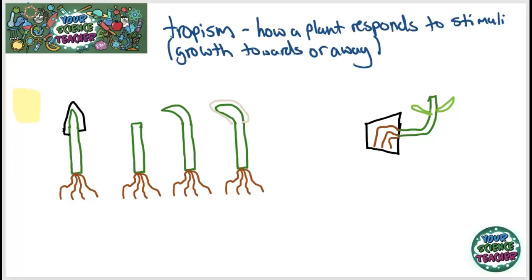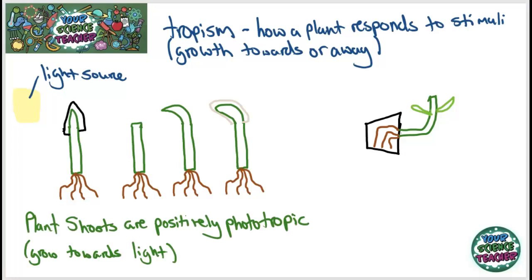And what I think they will use is light as the stimulus, and we're going to look at how the plant responds to this light. Now, we say that plant shoots are positively phototropic, and that means that they grow towards a light source. And we can prove this fact by setting up the practical in this way.